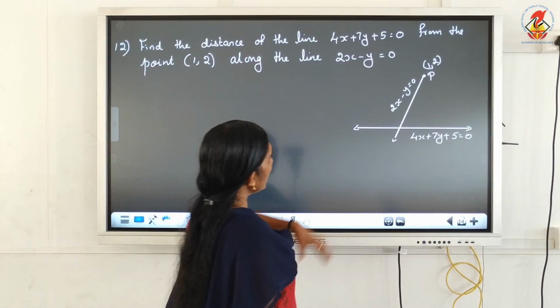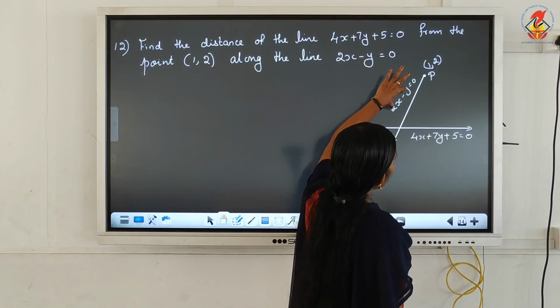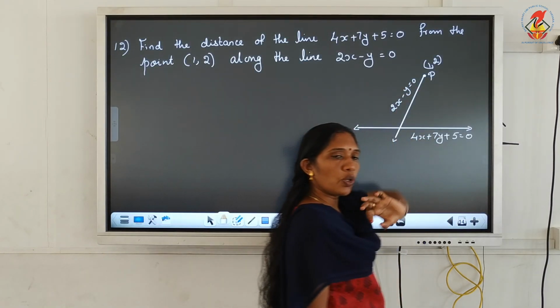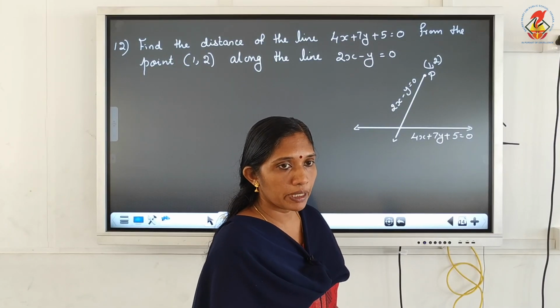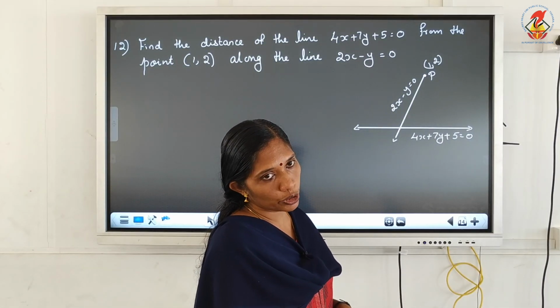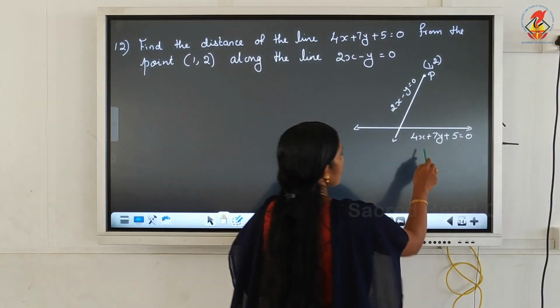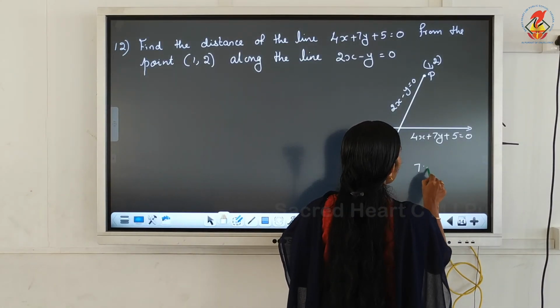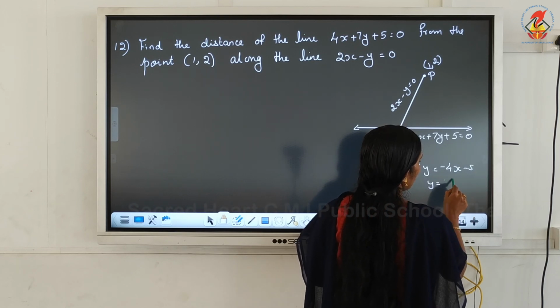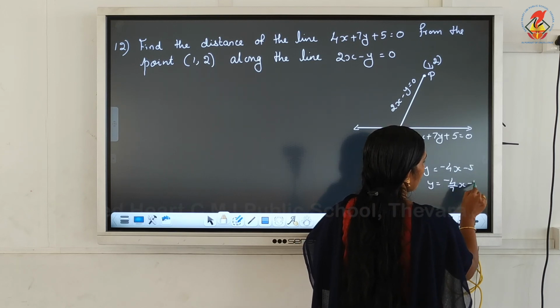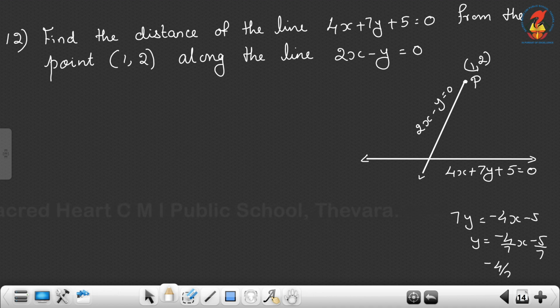So, along the line, you check whether these two lines are perpendicular or not. How do we check perpendicularity? If two lines are perpendicular, the product of their slopes is equal to minus 1. Here, for the first line, 7y is equal to minus 4x minus 5, so y is equal to minus 4 by 7 x minus 5 by 7. Slope is minus 4 by 7.